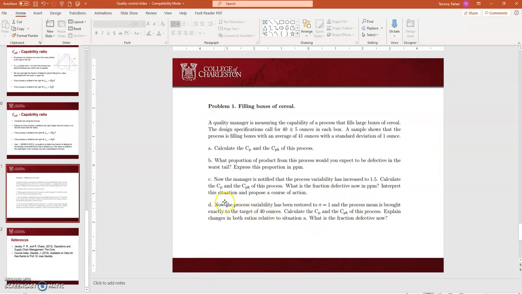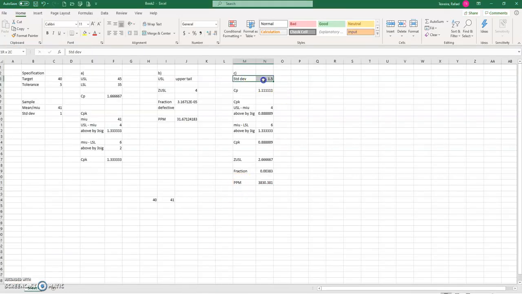Before we move to this question, we have this question here: interpret this situation and propose a course of action. What's happening here is we increased the variability in our process.